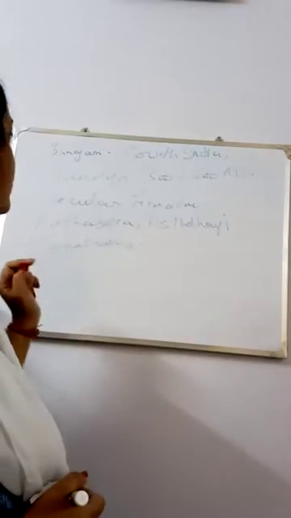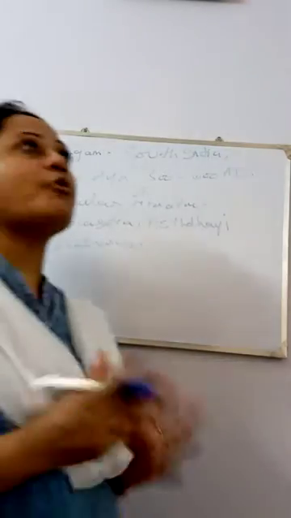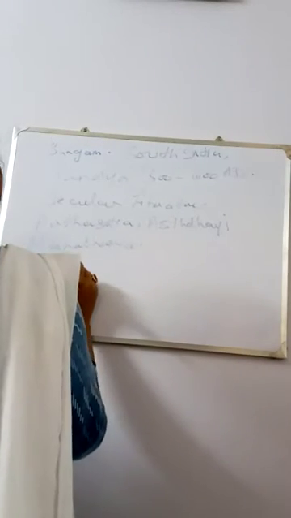The king's rule and the chronology of rulers are all obtained from this secular literature. After this, another important topic is semi-biographical literature.